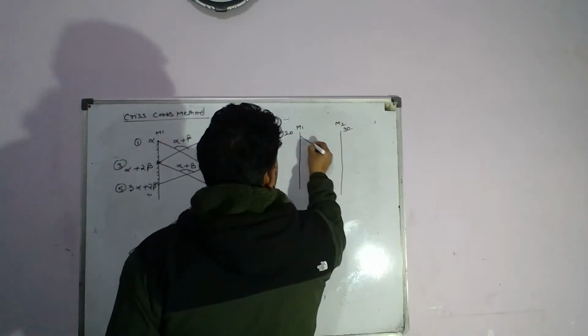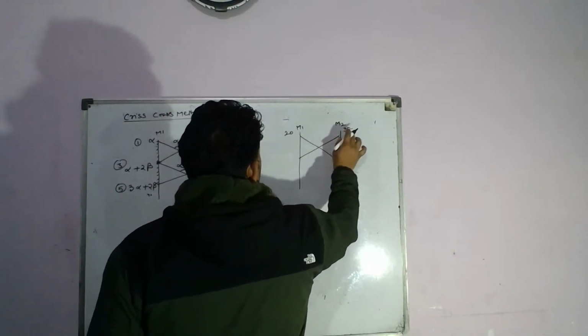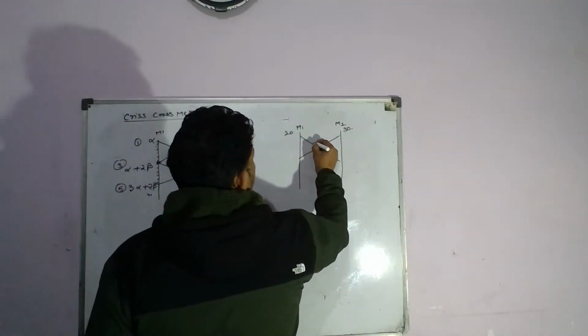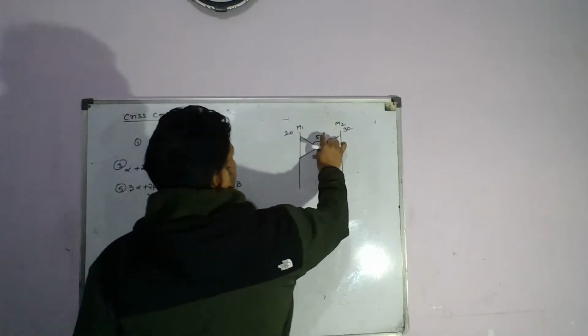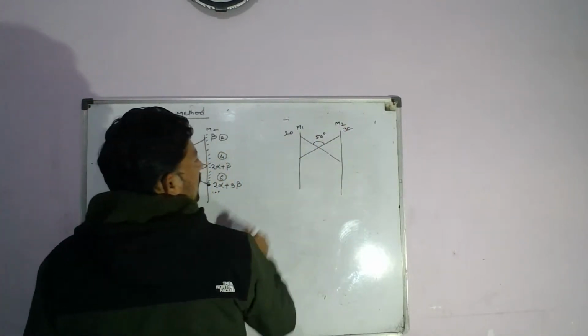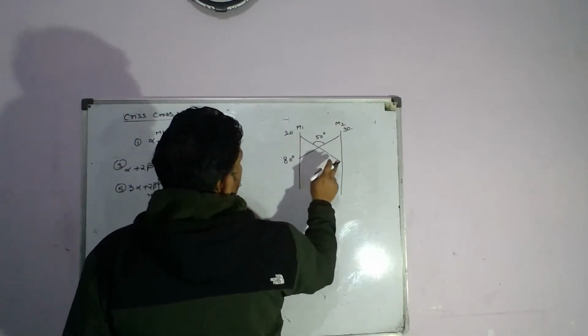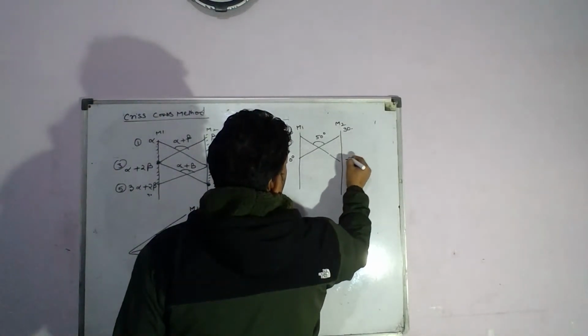Clear? So 20 and this is your 30. It means this angle is 50. This angle is 50. 50 plus 30, 80 degrees, and 50 plus 20, 70 degrees.